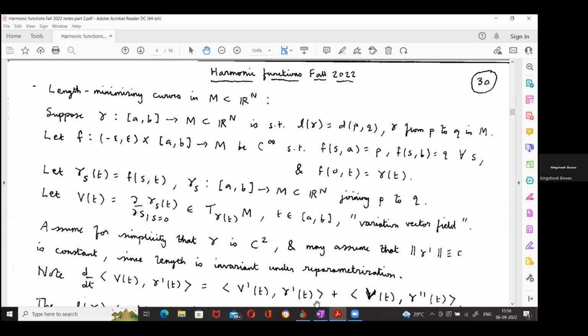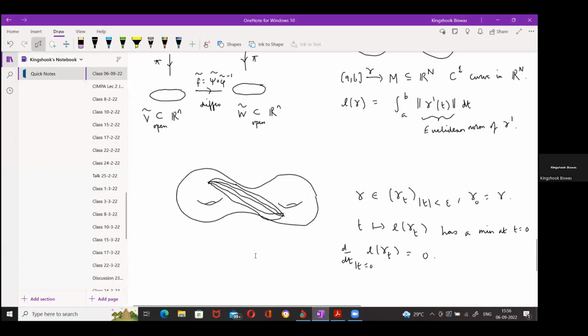Okay, so in this picture, I differentiate with respect to the s parameter. So for example, I'll get a vector field along this curve gamma, which maybe looks something like this.